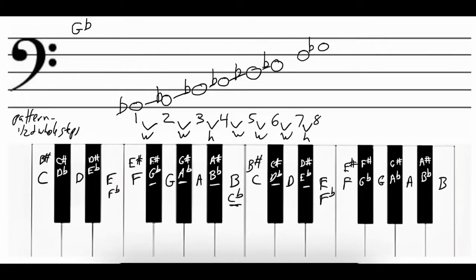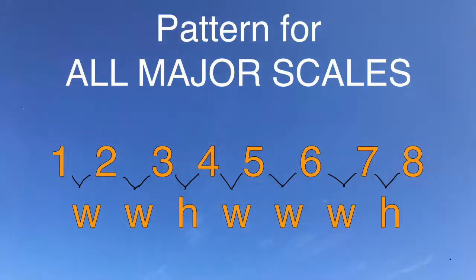From the sixth to the seventh note is a whole step. A whole step higher than E flat, skip a key, and it is F natural. And should this work, from the seventh to the eighth note, from F, the eighth note is G flat. Here is your pattern for all major scales for you to take a screenshot to help you memorize.